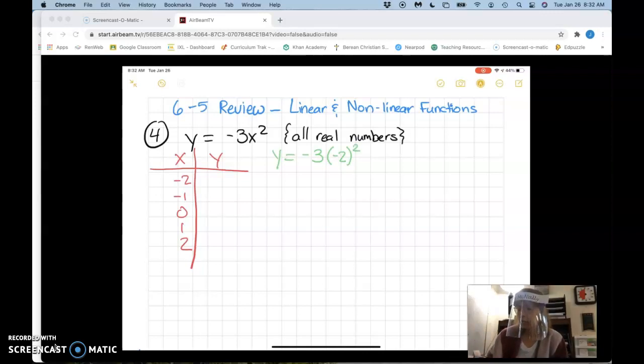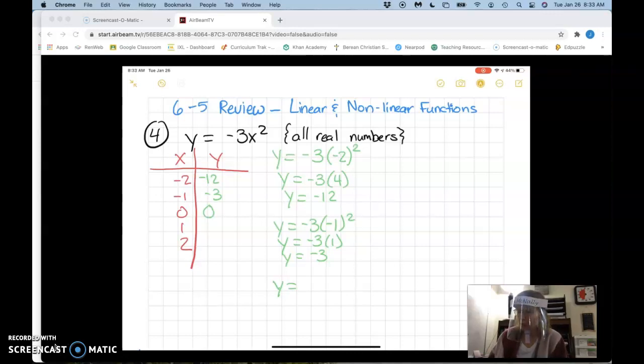All right, so first square your negative 2, which becomes a positive 4, and then multiply. Okay, be careful when you square negative 1. Negative 1 squared is just positive 1. Zero is just going to be 0, so I don't even need to do that one.